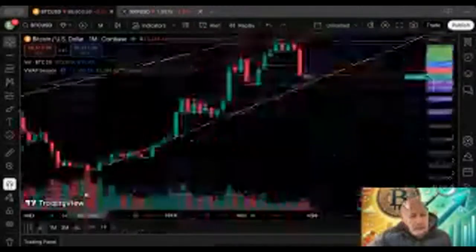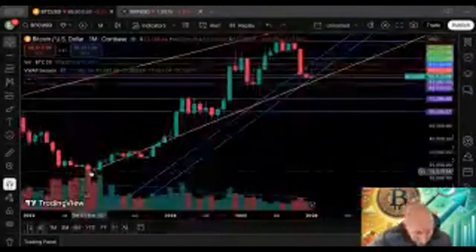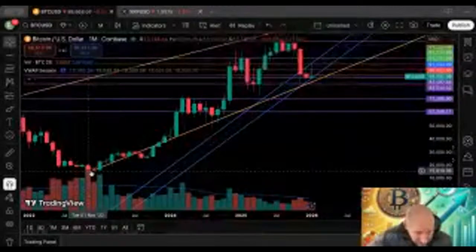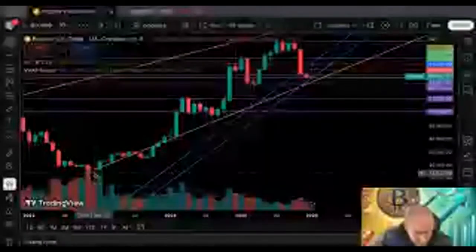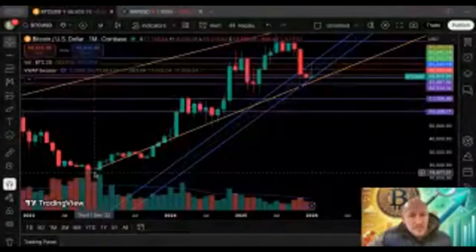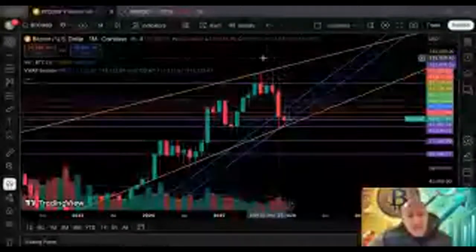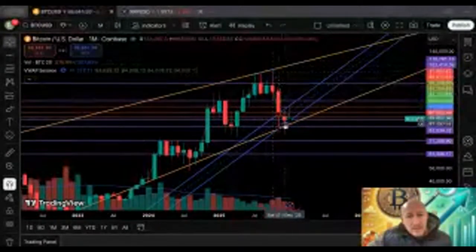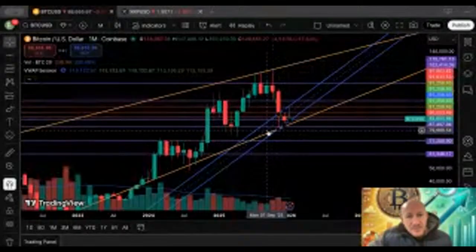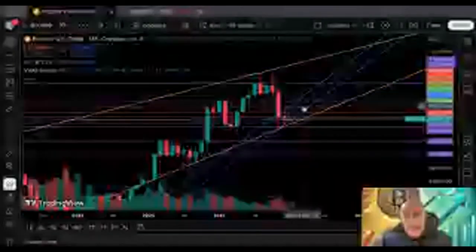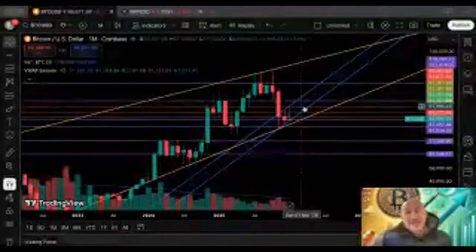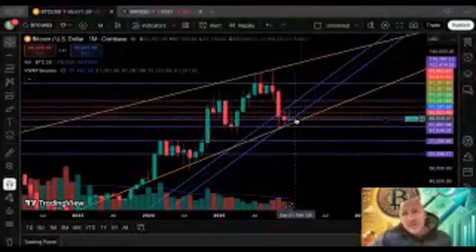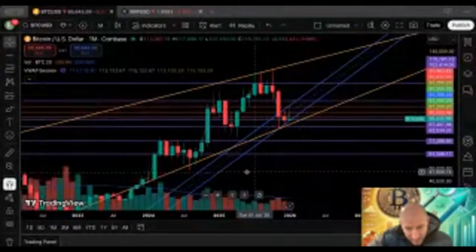We have been in a bull market since way down here, since December 2022. So since December 2022, we went from 15,000 to 126,000, down to 80,500, back up to 98,000, and now we're hovering around 87,000, 89,000, 88,645.